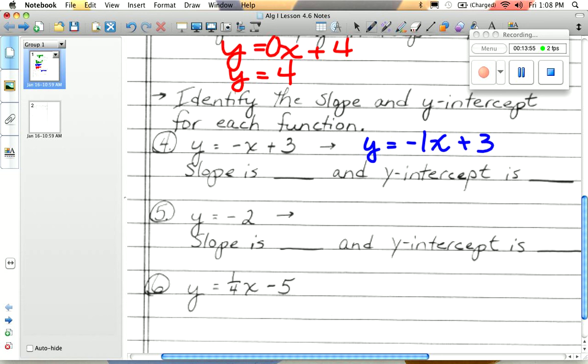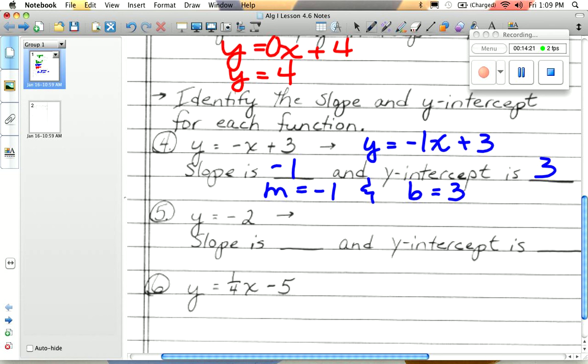Which is kind of helpful because now we know what the m value is and we know what the b value is. What's our m value? Negative 1. And our b value is 3. So m is negative 1 and b is 3. And it's going to be important that we can identify that.